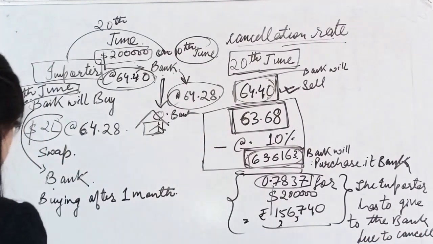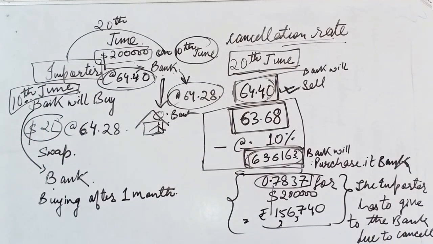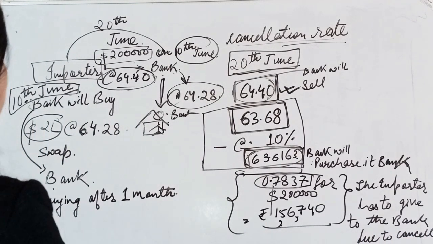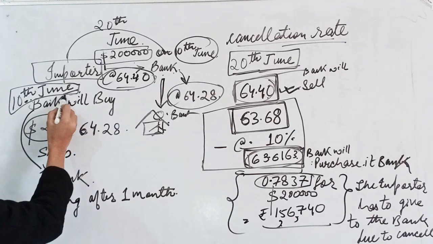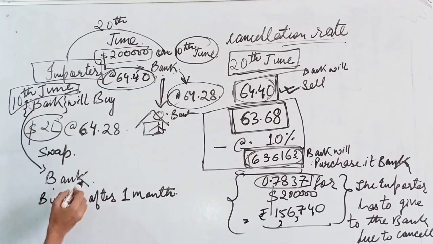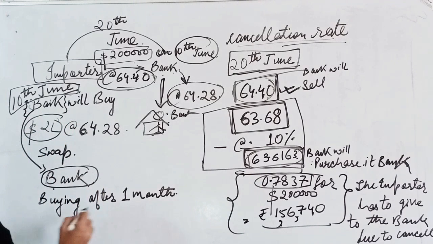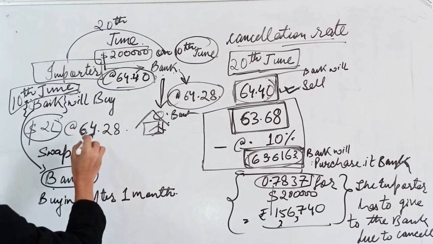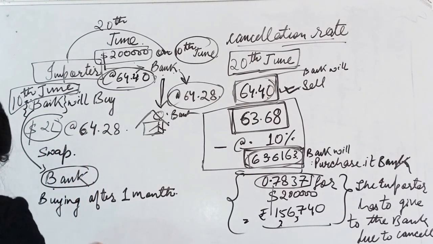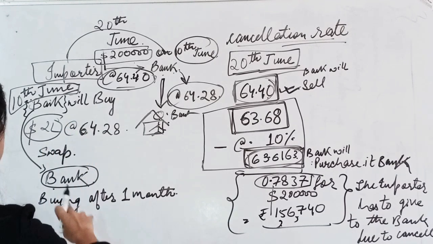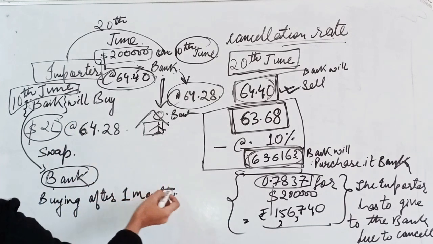Fine. So next, swap loss. Who did the swap? The bank. Here the bank did the swap with another bank, selling right now at the spot rate and buying it back from the bank after 1 month.